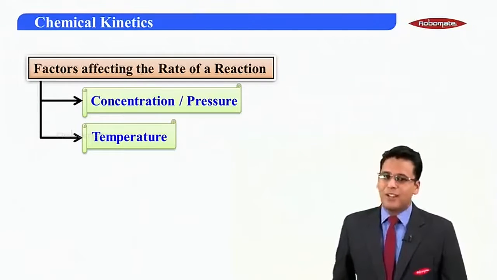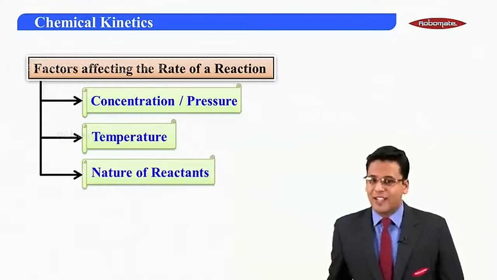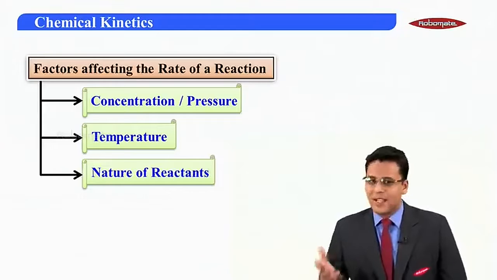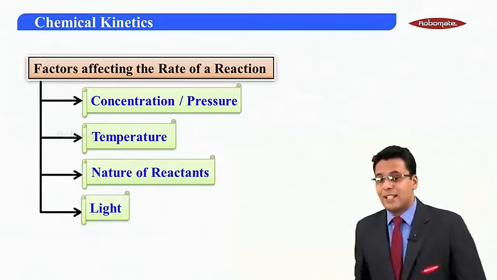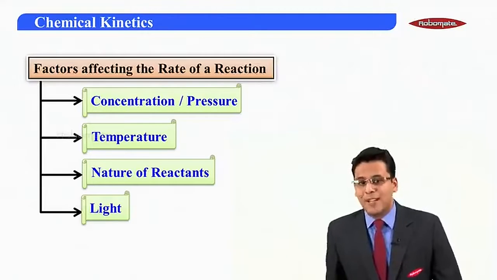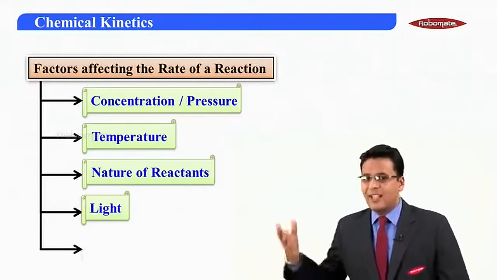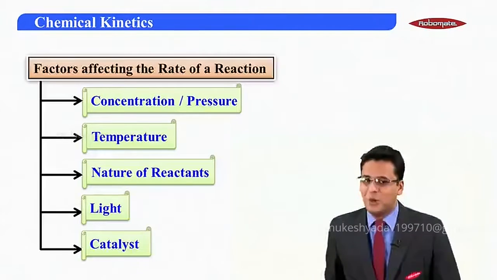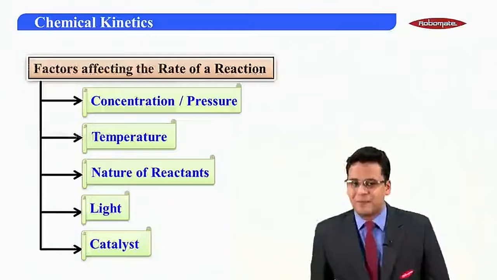Now we are going to understand nature of reactants. How do nature of reactants affect rate of reaction? Then we will see light, the presence of light, how does it affect the rate of photochemical reactions? And in the end, we will see what does catalyst do to affect the rate of reaction.